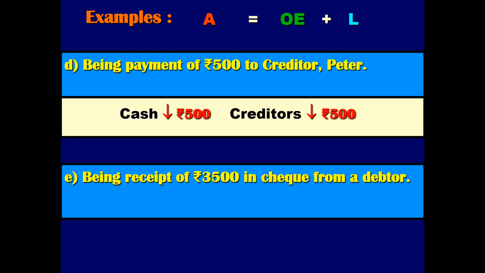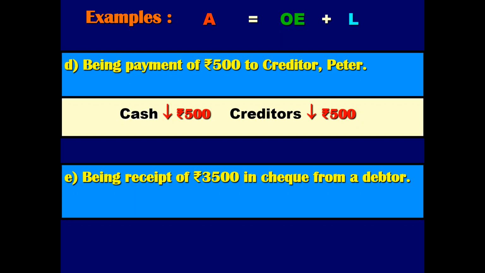See this, being receipt of 3,500 in check from a debtor. You receive money from debtors, receipt in check, so your bank balance is going to increase. One asset increases and another asset decreases. Another asset decrease means your debtor. Debtor is called an asset because that person is going to give money to you.